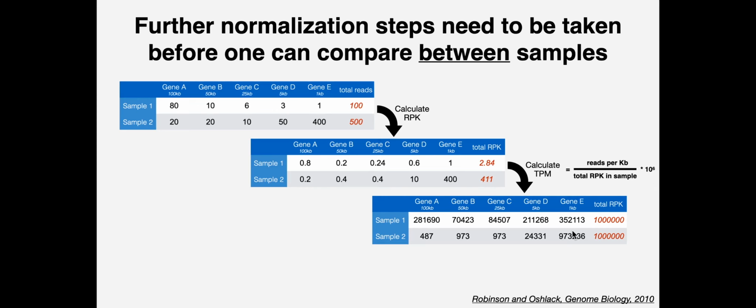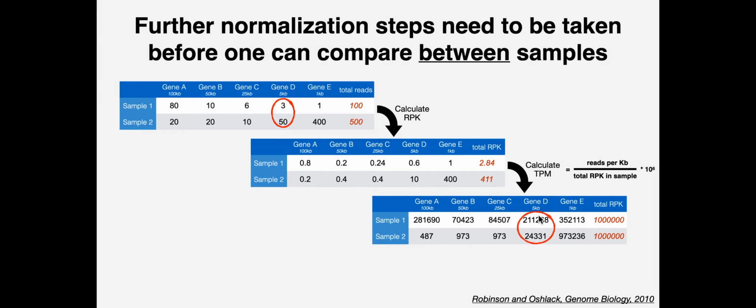Well, I don't know if anybody caught this in the tables, but there's a real problem here. Take a look at this gene D. Clearly, if sample 2 was a different condition than sample 1, that condition totally induced much higher expression of gene D. It went from 3 reads mapping to it to 50, and it didn't change in size, so it's much more highly expressed in sample 2.